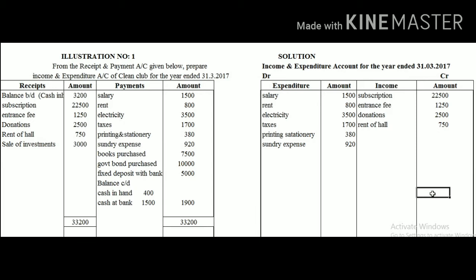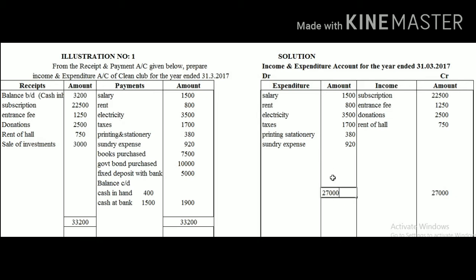So the total of the credit side is higher. What is the total of the credit side? It is 27,000. So the total of the credit side is 27,000, and we have to tally the income and expenditure account as 27,000. So here the income side is higher as compared to expenditure side.